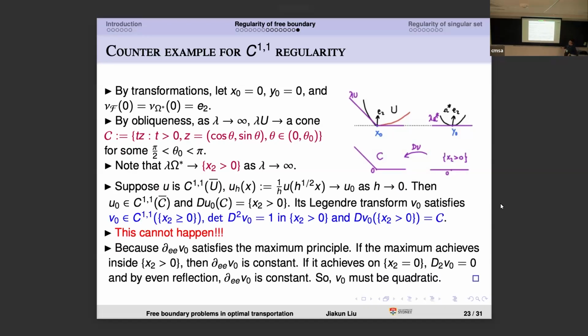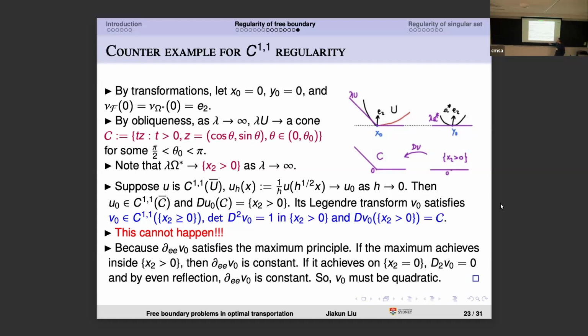Now by contradiction, assume the solution u is C^{1,1}, but it's not true, right? By contradiction, if it's C^{1,1}, we can use the standard quadratic blow up. This quadratic blow up doesn't change the second derivative, okay? Especially when h goes to 0, C^{1,1} doesn't change.